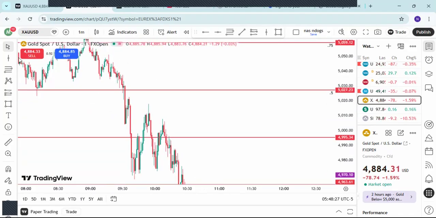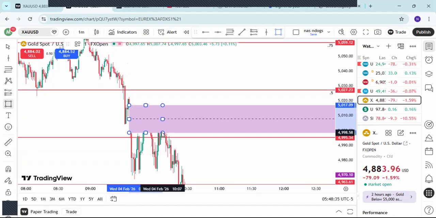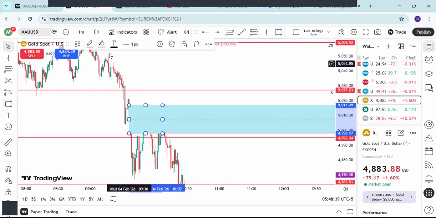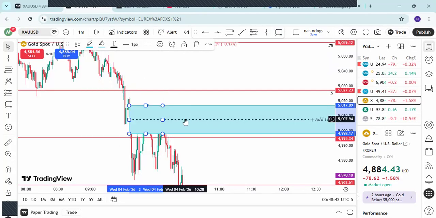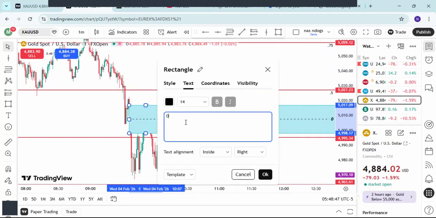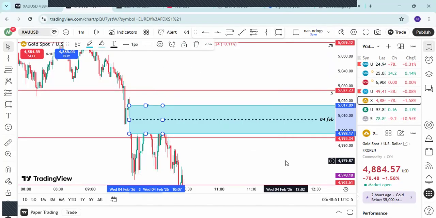This one, I'm gonna take this one because it's big. I'm gonna mark there because there's a volume imbalance. This is gonna be made blue for first presented fair value gap after 9:30 from yesterday, the date was 04 Feb, right? That's that.